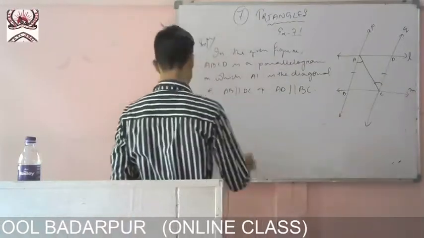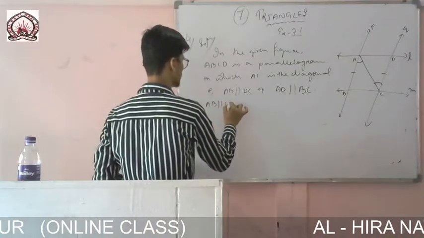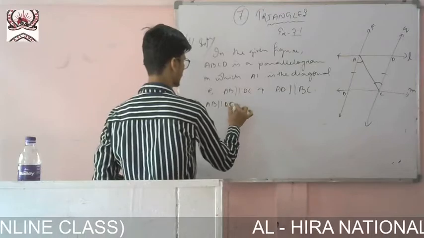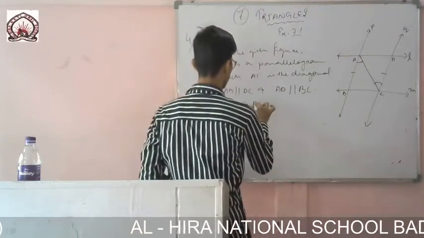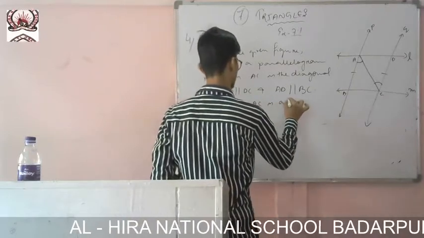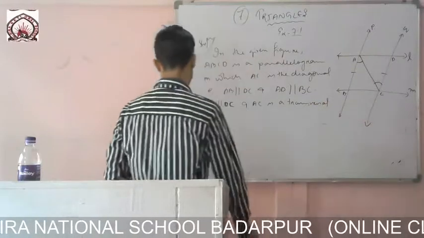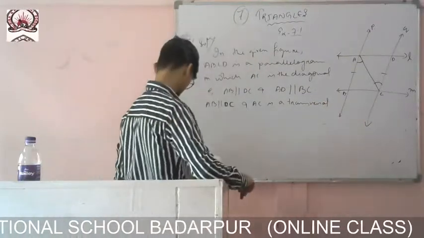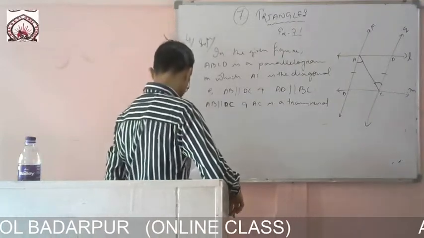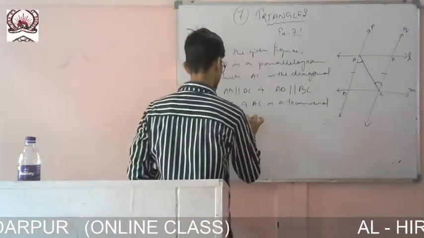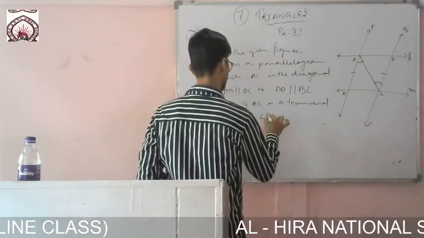So let me write like this: since AB is parallel to DC and AC is a transversal, I can say that angle BAC is equal to angle DCA.